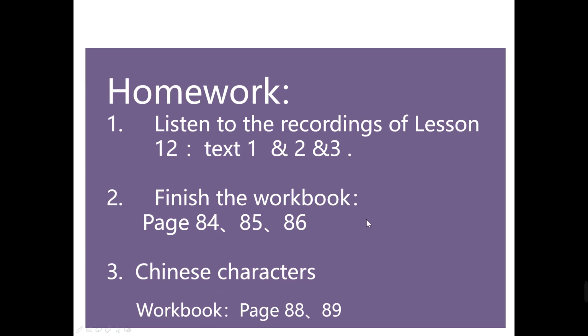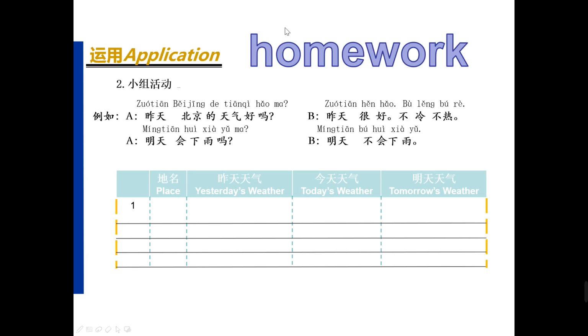The second part is about the interaction. Please try to ask yourself or ask your partner. You can choose a place to ask the weather. For example, for here is 昨天北京的天气怎么样?